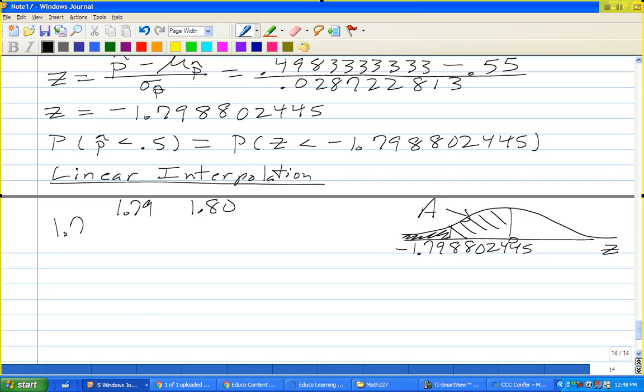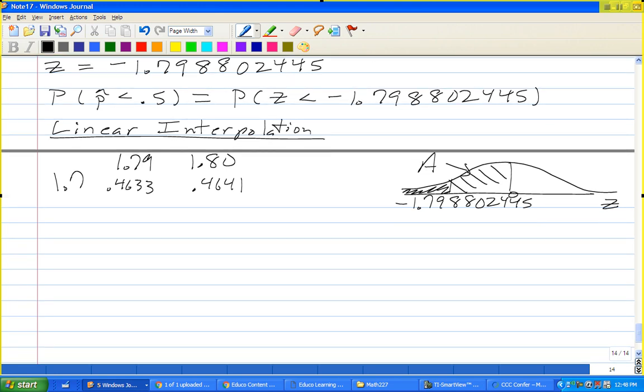So 4641, and the other was 4633. Okay, so I have that P equals P1 plus (P2 minus P1) over (Z2 minus Z1), times (Z minus Z1).